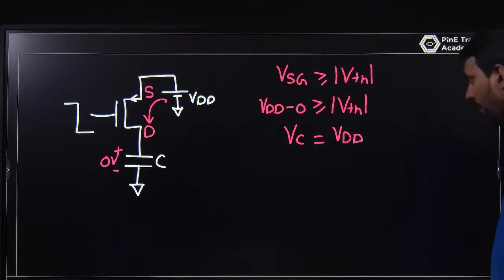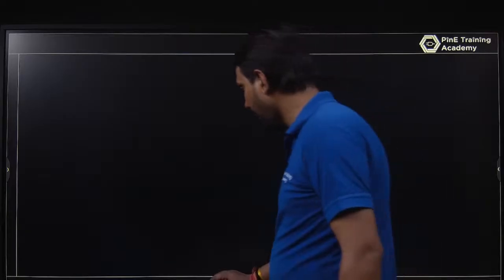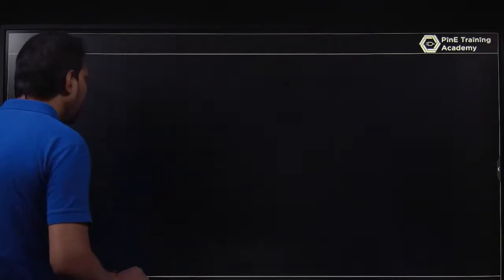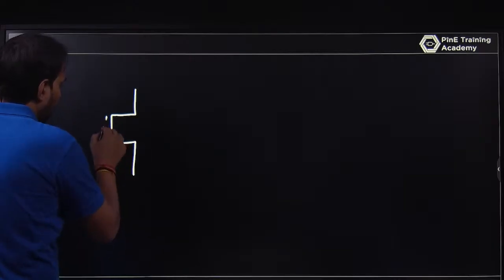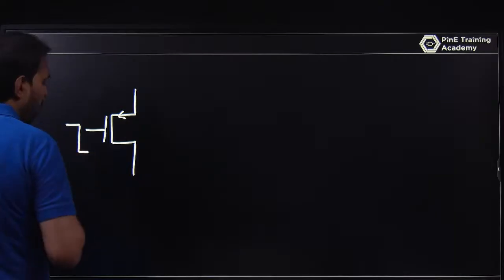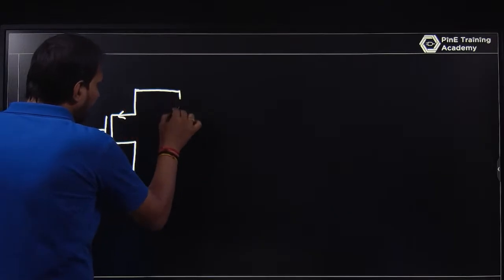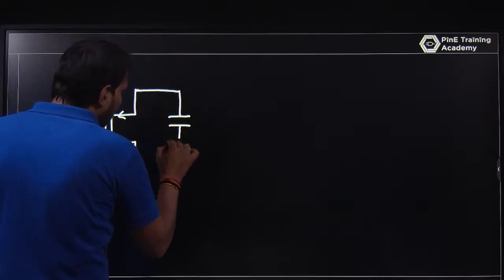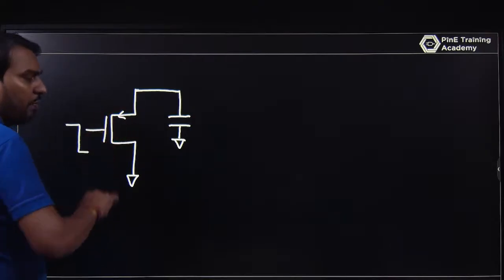Let's talk about discharging. So you have a MOSFET, and this is a PMOS, and this is logic 0. The capacitor discharges with the help of the PMOS.